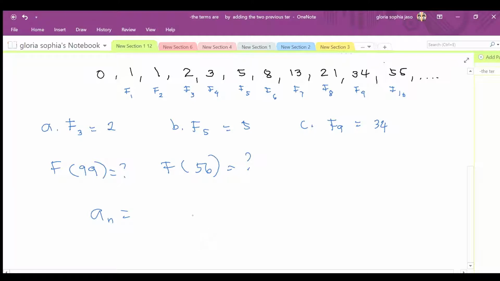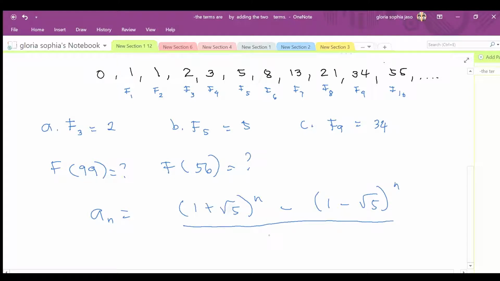So, this formula: 1 plus square root of 5 raised to n minus 1 minus square root of 5 raised to n, over 2 raised to n times square root of 5.